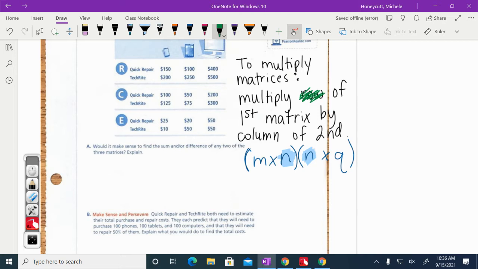Multiply row by column. No, just kidding. I was right. Don't erase. Yeah, columns have to match the number of rows. Those two numbers need to be the same.